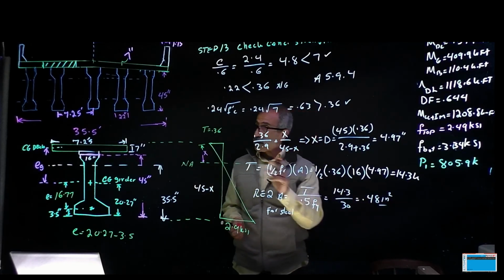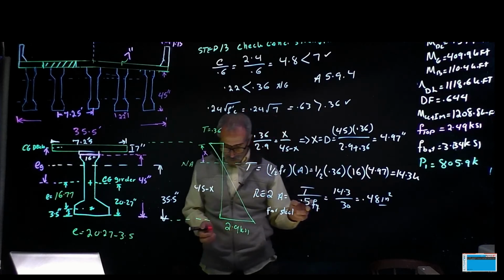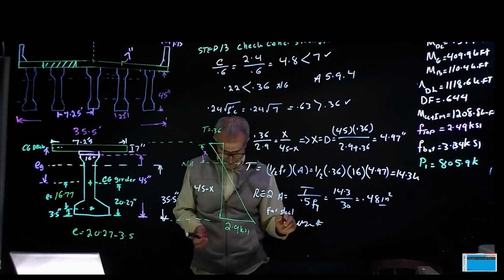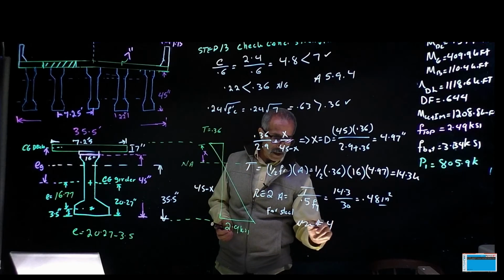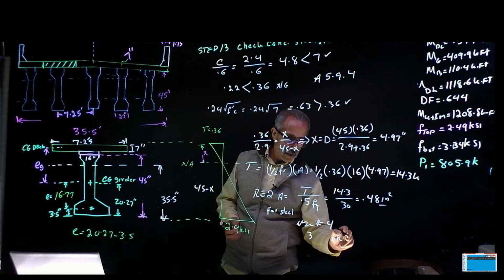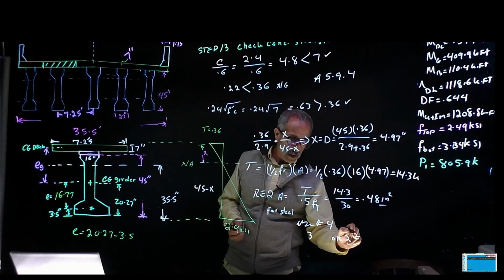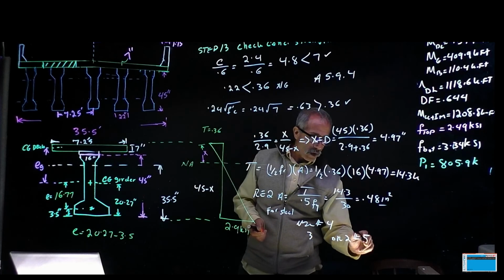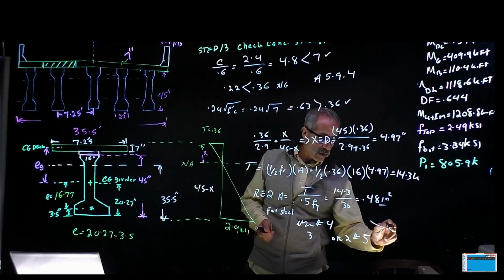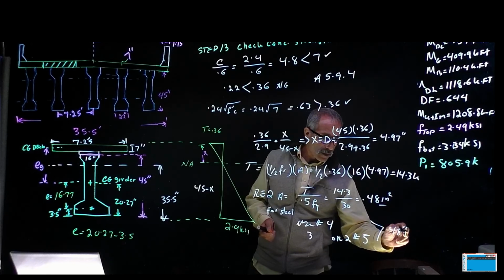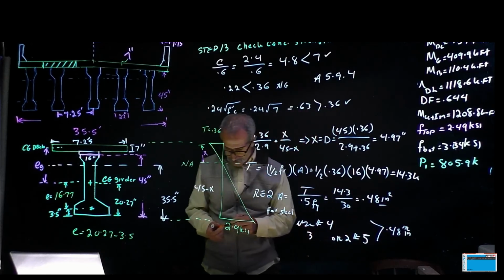So we got to add that rebar to the top. We can do one of two things. We can use 3 number 4 rebar, or we can use 2 number 5. Whatever, the area should come out more than 0.48 inch square. We know that anyway.